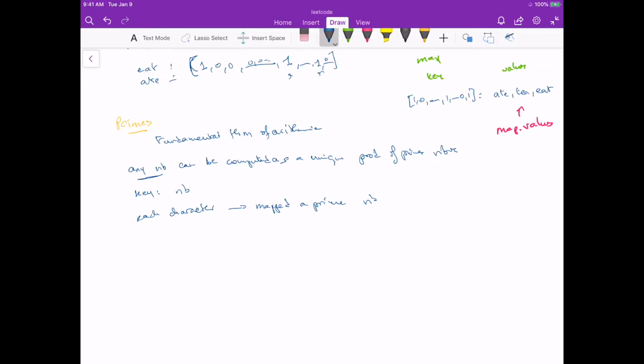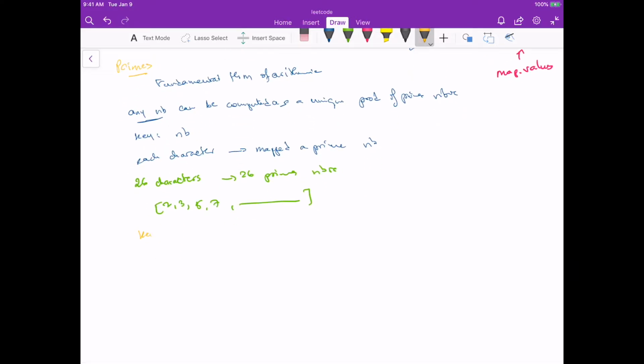For example, since we have only 26 characters, because it's all lowercase, that means we need only 26 prime numbers. So we will take the prime numbers 2, 3, 5, 7, all the way until we have the first 26 prime numbers. And our key would be constructed in this way.